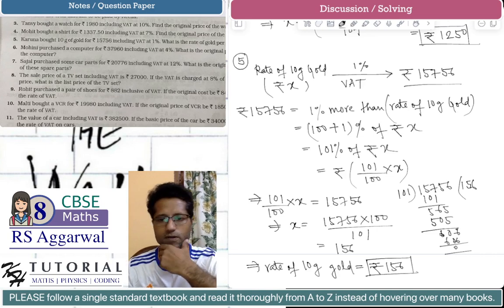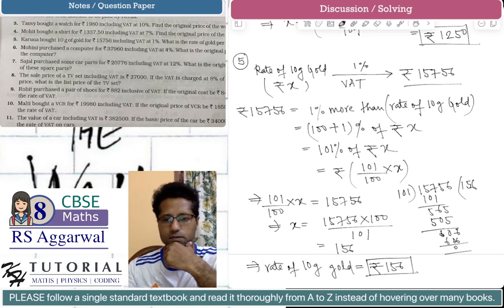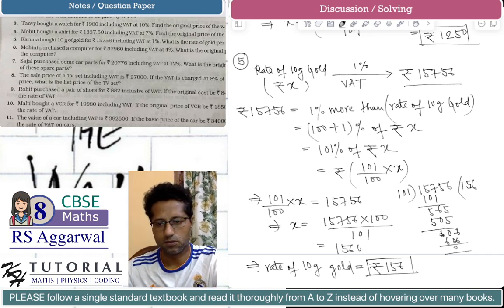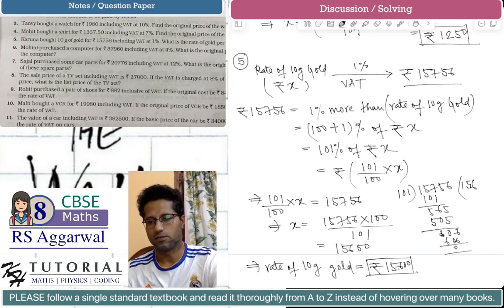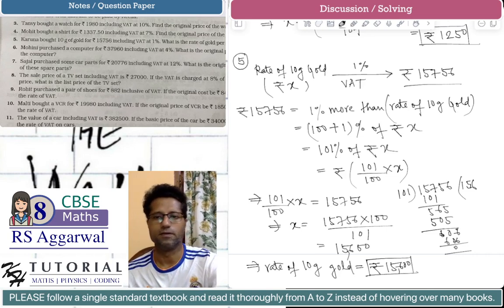No, it is not rupees 156, but we have to again multiply, there is a 100 in the numerator. So we add 0, 0. So 15,600. The original rate of 10 gram of gold is rupees 15,600.